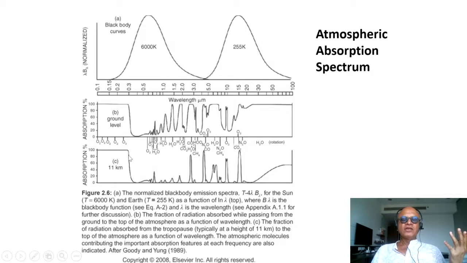If you look at the top of the atmosphere, things like methane, carbon monoxide, carbon dioxide, and water, ozone, etc., have various bands, wavelengths at which they absorb the outgoing long wave energy. That's what we are interested in.